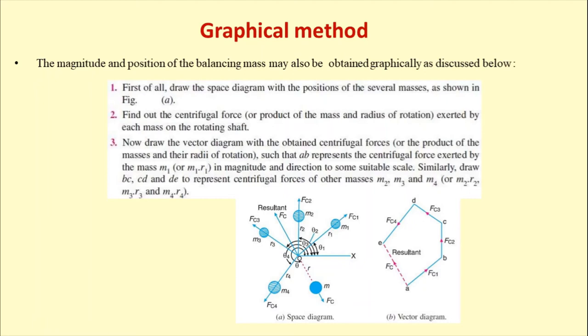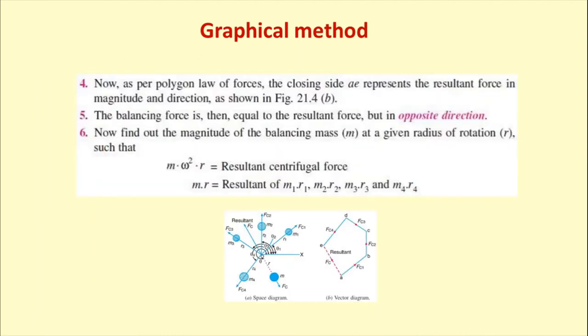M2 is making 90 degrees, perpendicular on the x-axis, which is also shown here. Whatever the inclination angle theta 3 is, it should be the same in the case of CD or FC3, and that is also true for FC4. In the same way we have to draw this vector diagram.